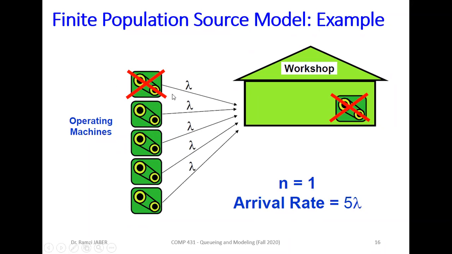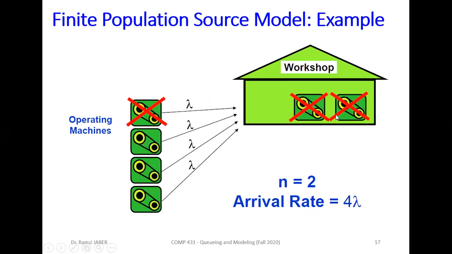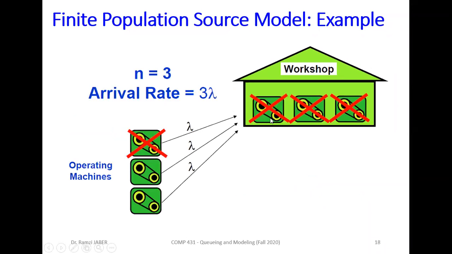Another machine, if failed, so n equals 2, arrival rate will be 4 lambda. Assume another machine has failed and goes inside the workshop. So n equals 3 inside the workshop, in our model here, arrival rate will be 3 lambda.